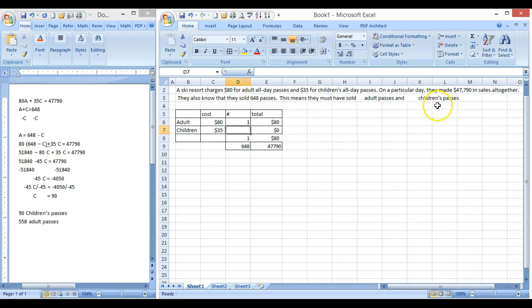There we go. If I put a 1, that means I sold one adult ticket, which is $80. I sold a total of 1 ticket, or pass, and the total that I earned was 80. I could put 1 children's ticket here, and that changes that I got 2 because I'm adding these. These are being multiplied for the total, and these are added for the final total.